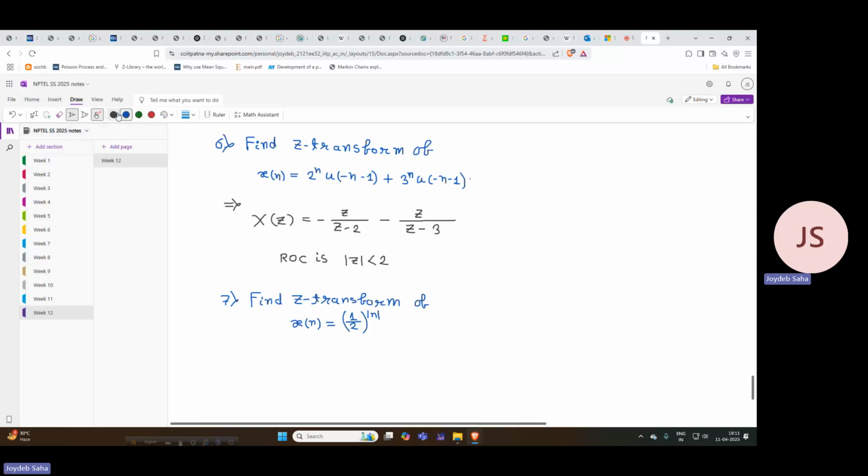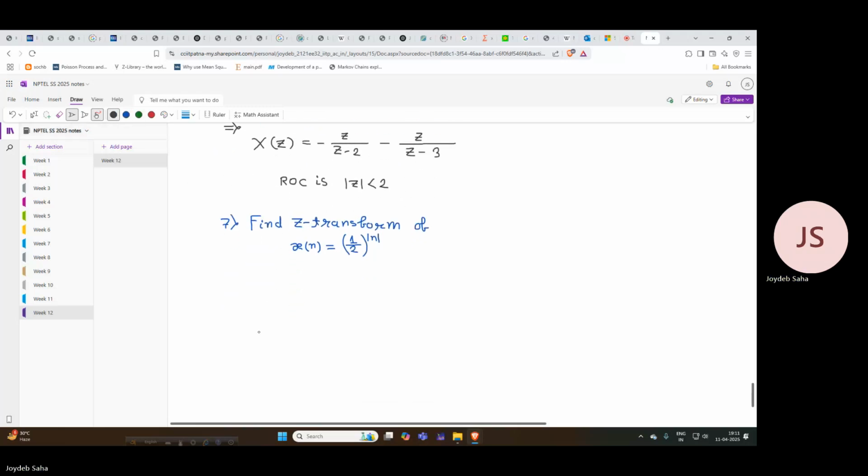This is very interesting problem. What we can write? Model means ठीक है, करो बताओ जरा. n for n greater than or equals 0 and minus n for n less than 0.